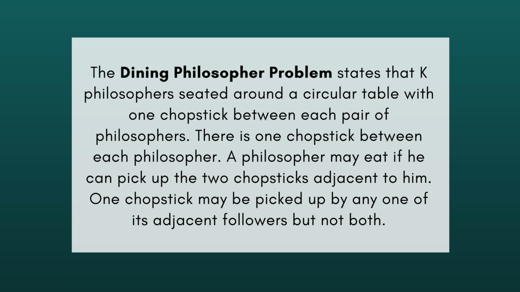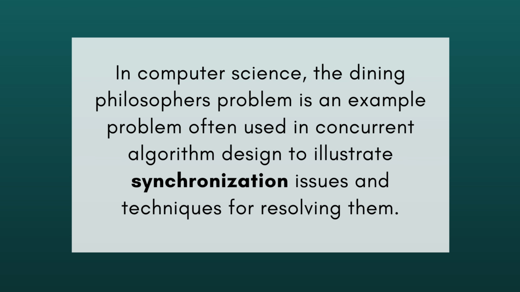One chopstick may be picked up by any one of its adjacent philosophers, but not both. In computer science, the dining philosophers problem is an example problem often used in concurrent algorithm design to illustrate synchronization issues and techniques for resolving them.